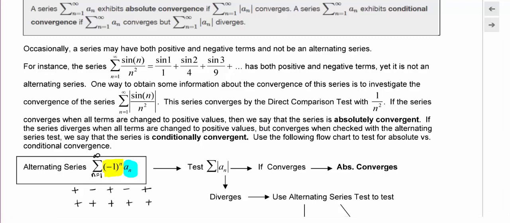Which one is going to be bigger? Well, obviously, if I'm just adding all terms together, that's going to be bigger than if I'm adding a term, subtracting a term, adding a term, subtracting a term, right? So this is going to be smaller.